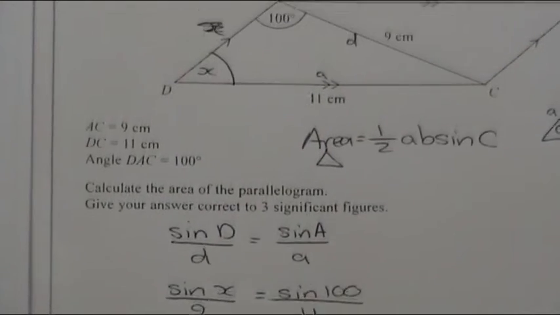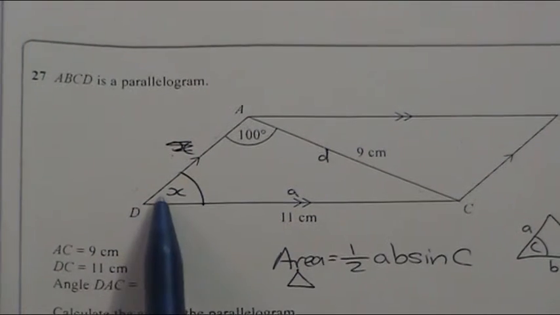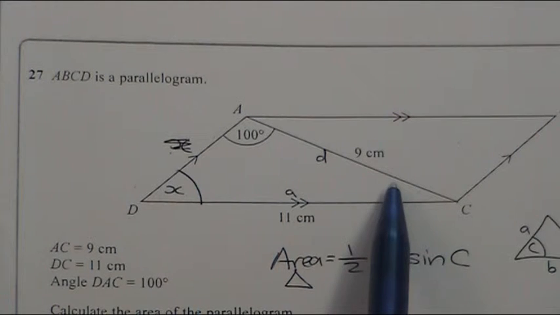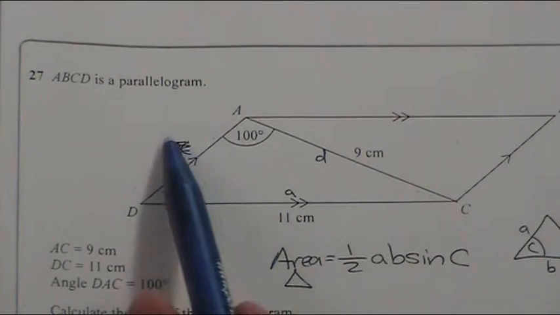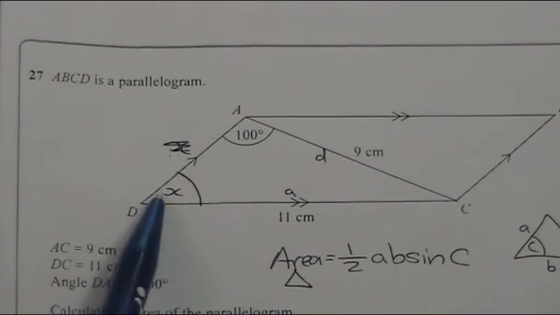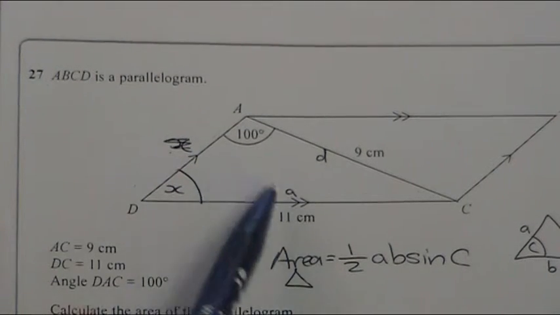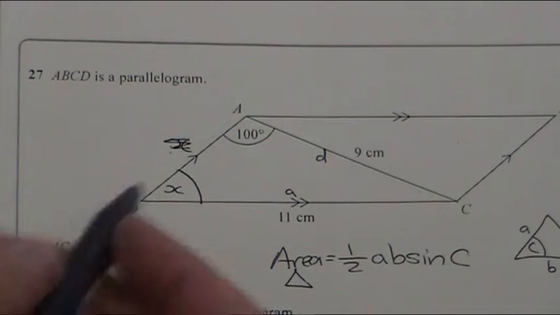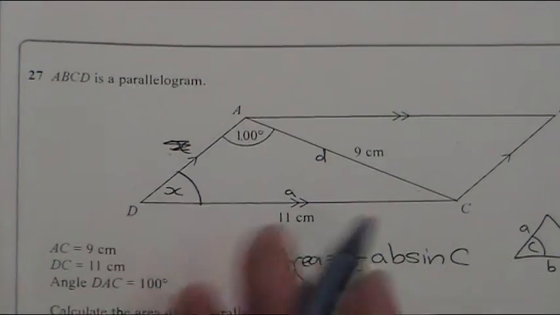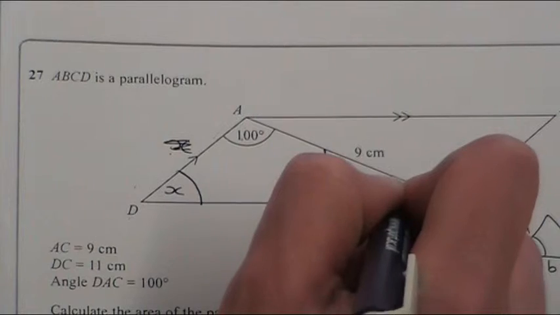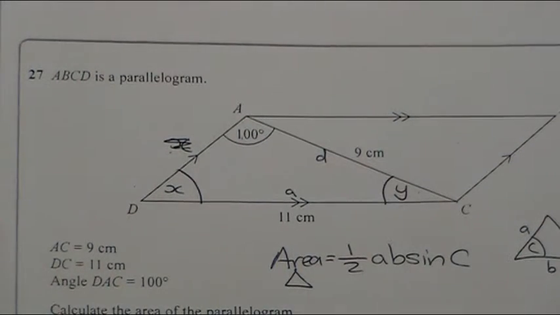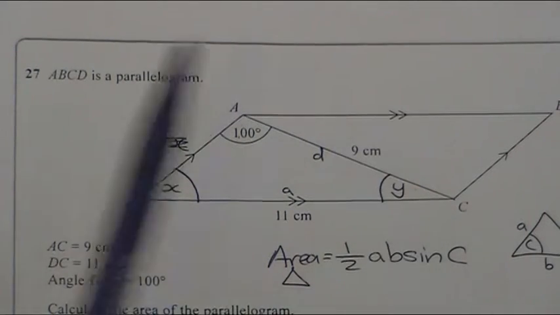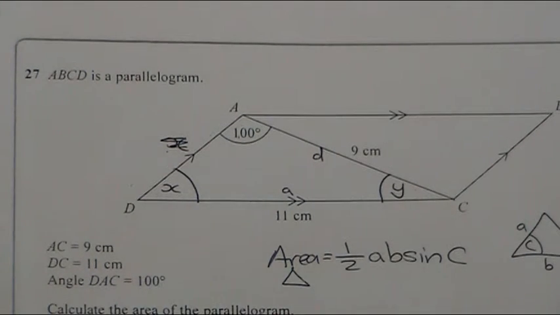But I've just found out this one, and I wanted that one, because I wanted to use these two sides because I've got that angle. Or because now I've got that angle, I could still use it with these two sides, which is a tad annoying. But actually, if I've got these two, I can find this one. So I'm going to call that Y. Because I've got these two, I know that these must add up to 180.